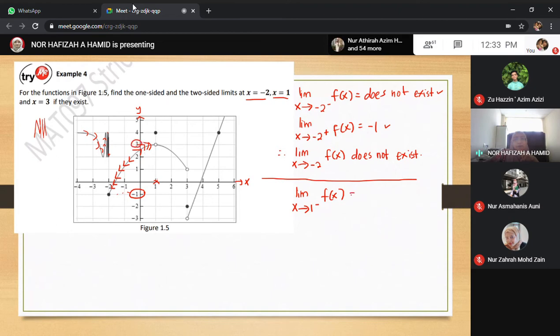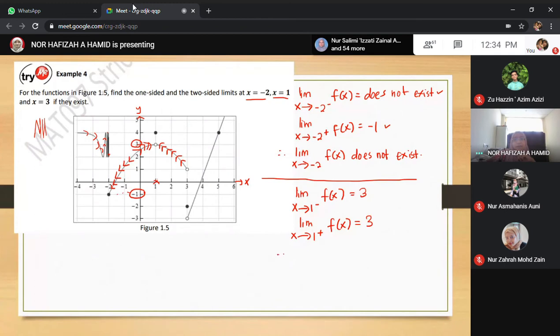So, we have 3. Okay, next you calculate limit x approach to 1 plus. 1 plus when x approaches 1 from the right. So, you tengok graph yang right daripada 1. Okay, so ni graph right dia. You determine value pada y. So, also approaches to 3.